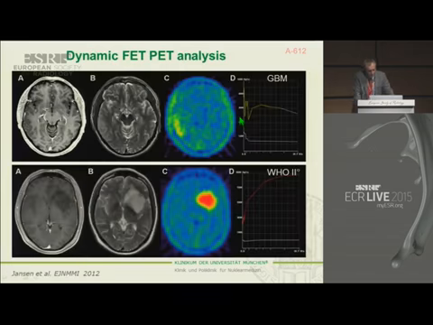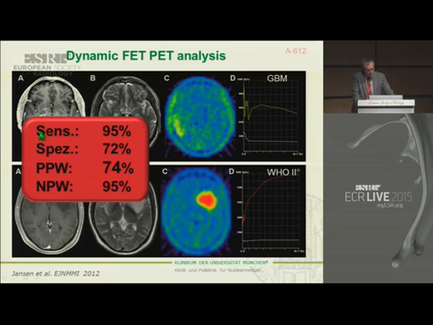But if we look at the kinetics, here are two extreme cases: one grade 2 tumor with extremely high uptake but increased time activity curves, so the trapping of a tumor. Here, a glioblastoma multiforme with comparatively low uptake but a decrease in the kinetics. So with this approach, we have a much better sensitivity and specificity, especially a sensitivity of 95% for the detection of high-grade tumors.